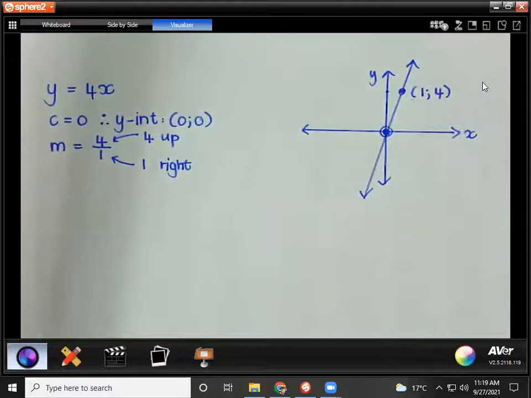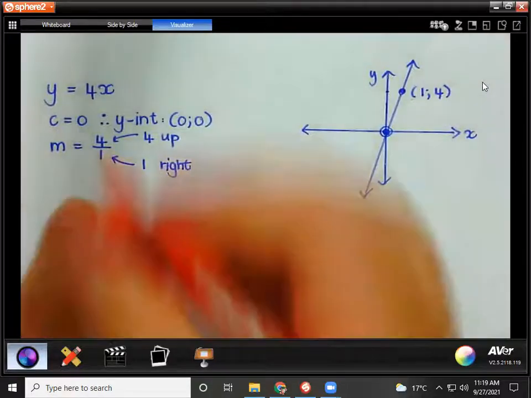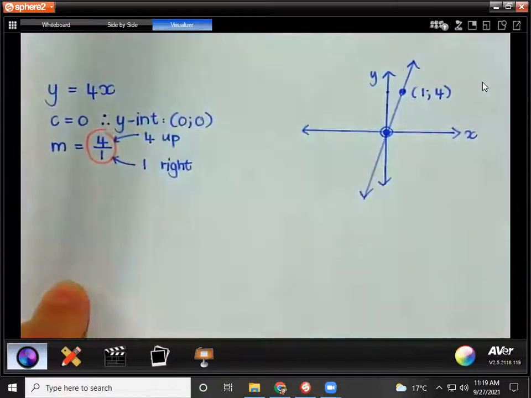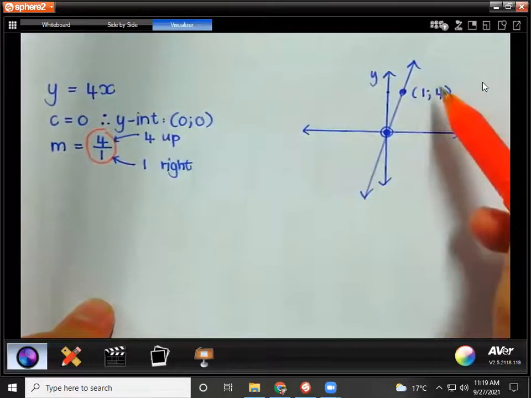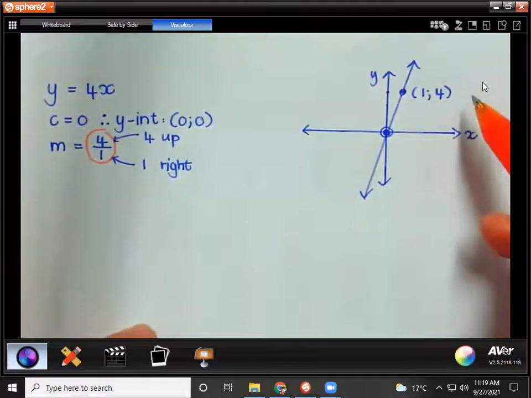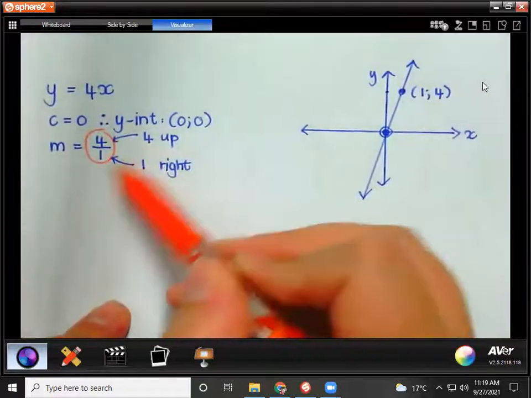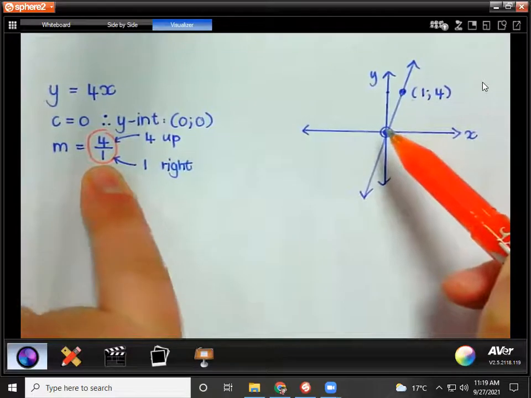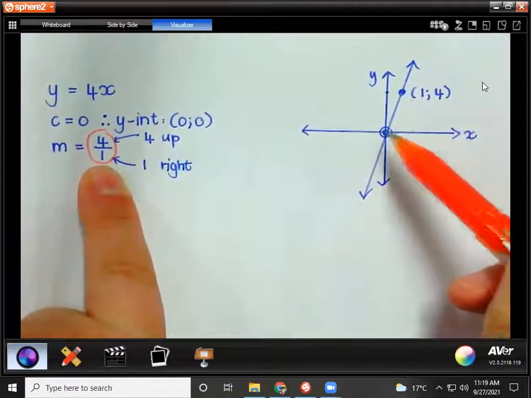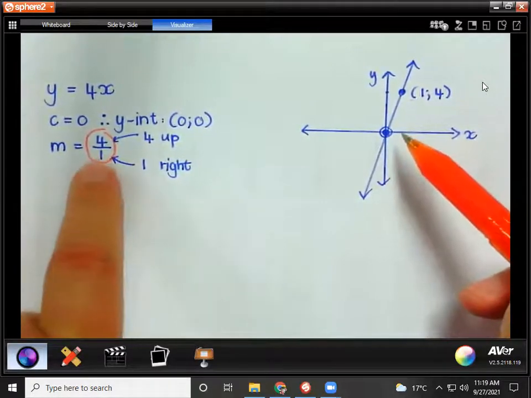Now, guys, it will always be the case that, do we notice what we have here? 4 over 1. Your point is 1, 4. That will always happen, right? Because remember, how you're counting is taking your point from 0, 0. You're counting 1 to the right. That will get you your x value. All right, that's the number at the bottom.